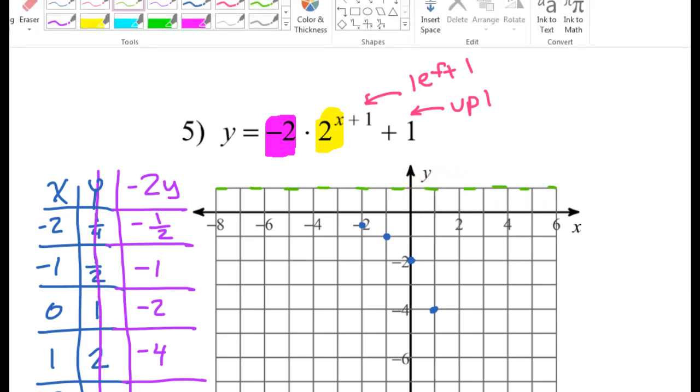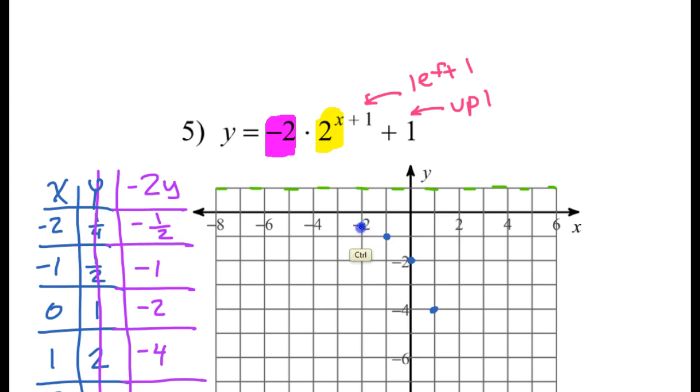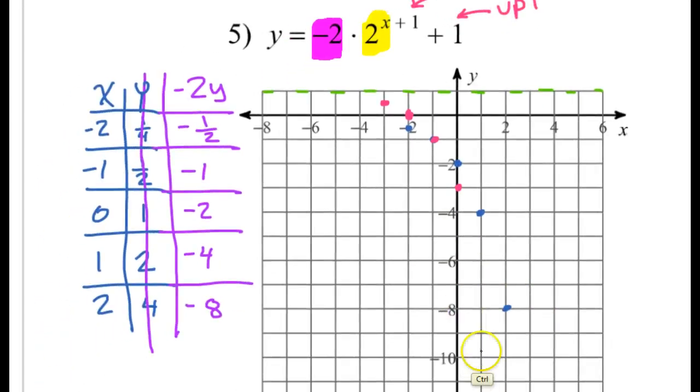Okay, so draw that. So now I'm going to move each one of these points left 1 and up 1. Left 1, up 1, left 1, up 1, left 1, up 1, left 1, up 1, and left 1, up 1.